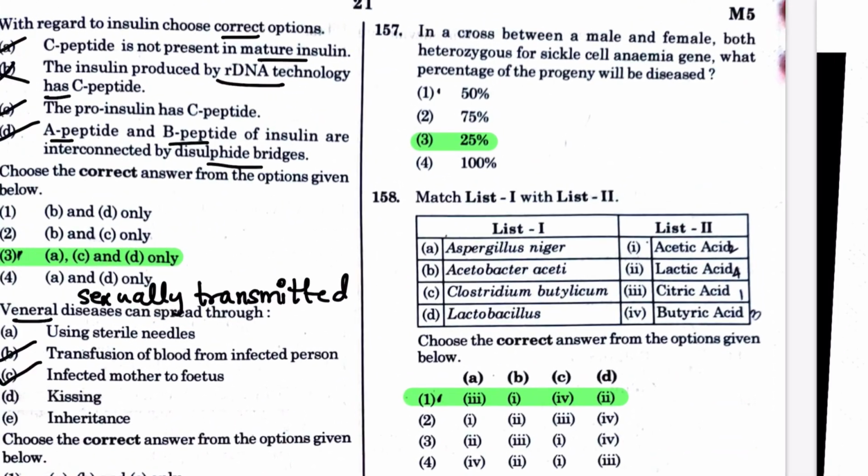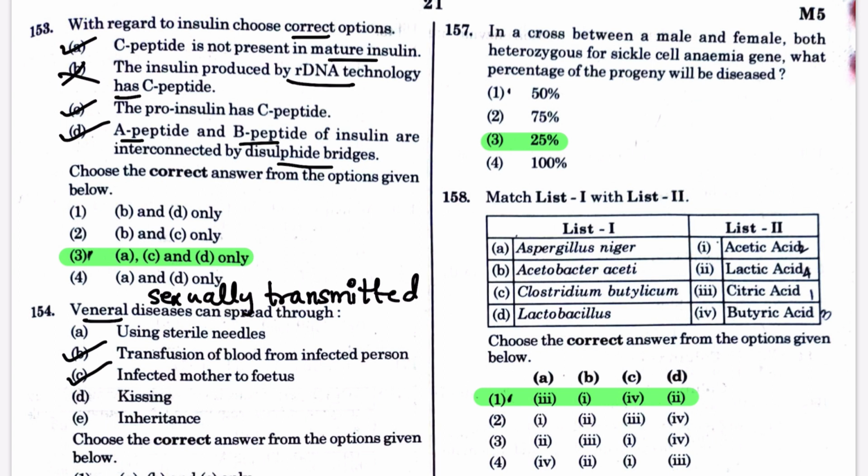Next question. In a cross between a male and a female, both heterozygous for the sickle cell anemia gene, what would be the percentage of the progeny which would be deceased? So always remember, they have just given male and female to confuse, right? And it is sickle cell anemia. We know sickle cell anemia is an autosomal recessive disease, which means if a particular person is in this state, small a only, they would be affected.